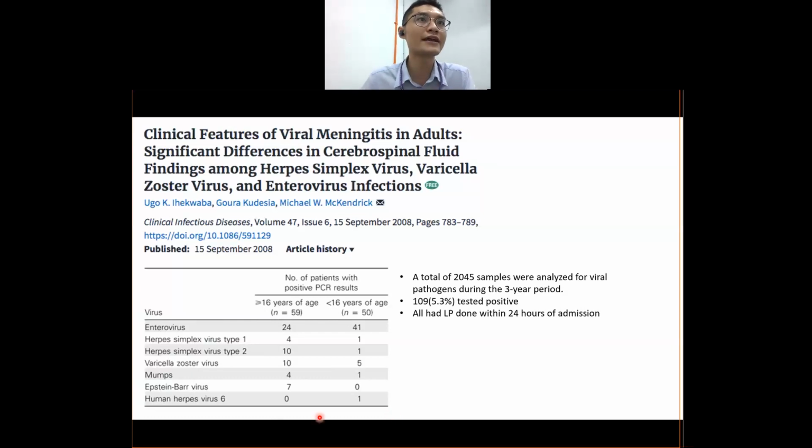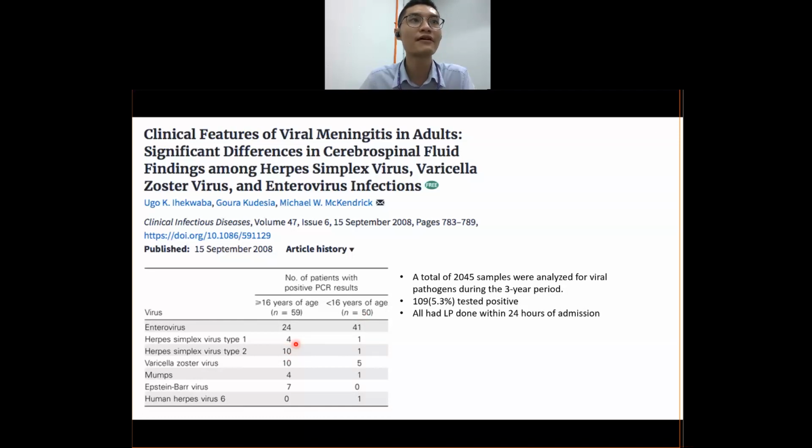Just to show you that there is also a difference between the types of viral pathogen in different age groups. If you look at patients diagnosed with viral meningitis, comparing those less than 16 years old versus more than 16 years old, you'll find that younger patients tend to have enteroviruses, but as you grow older, herpes simplex virus type 1 and type 2 become the predominant organism.